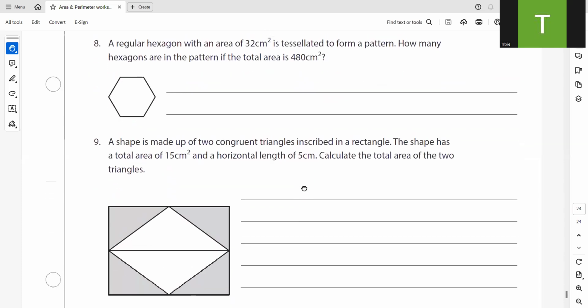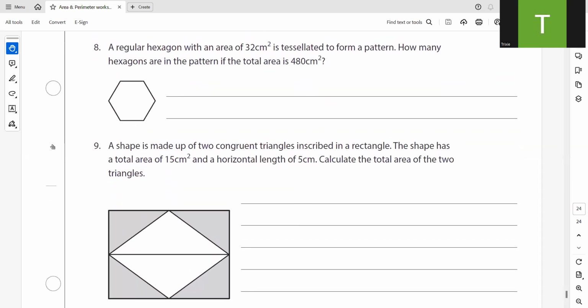Next, move on to question 8 and 9. Question 8. A regular hexagon with an area of 32 cm square is tessellated to form a pattern. How many hexagons are in the pattern if the total area is 480 cm square?